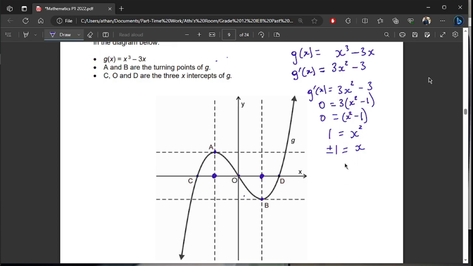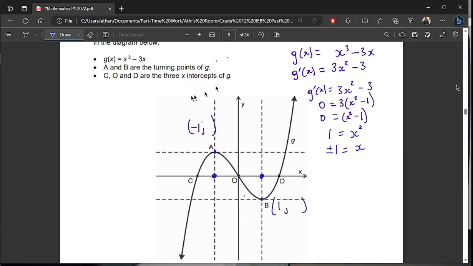Okay, plus 1 or minus 1. That means at A, the value of x is minus 1, and we have to find the y value. At B, x is positive 1, and then we have to find the value of y.